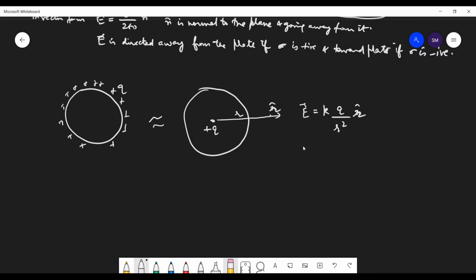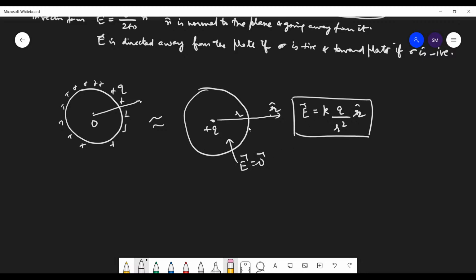It's the same formula, students. The electric field at any point at a distance r is given as if the whole charge were concentrated at the center, and the field inside the shell is 0.